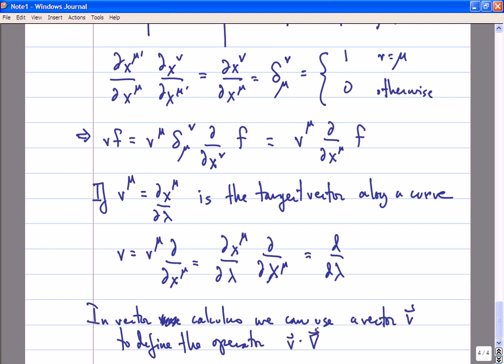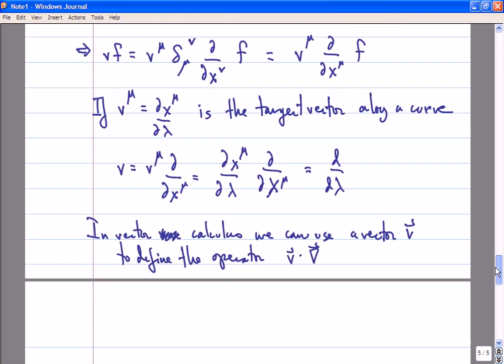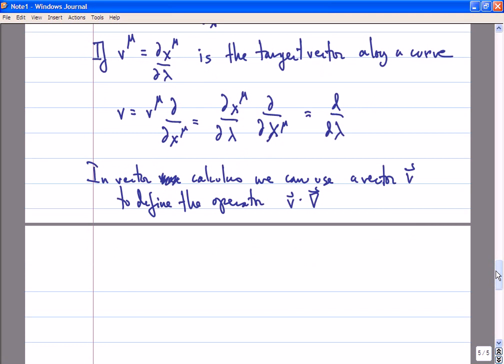And that takes a scalar function to a scalar function, in the sense that you're used to in your previous encounters with vector calculus. Any questions?